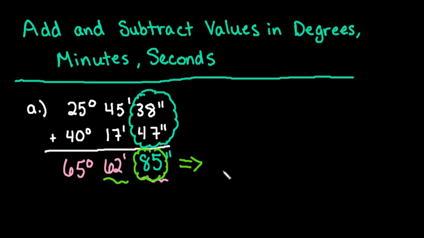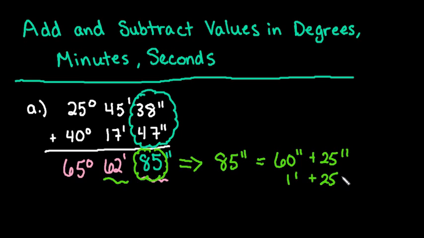Since 85 seconds is really 60 seconds plus 25 seconds, and we know that 60 seconds is 1 minute, what we are going to do is take this one right here and add it to our 62 in the middle. So this is really 65 degrees, 63 minutes, and 25 seconds.